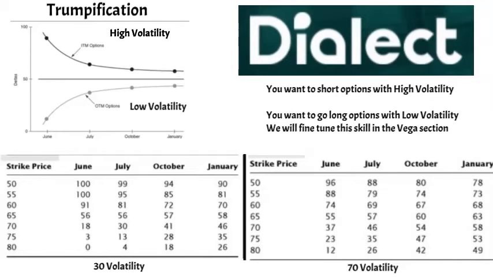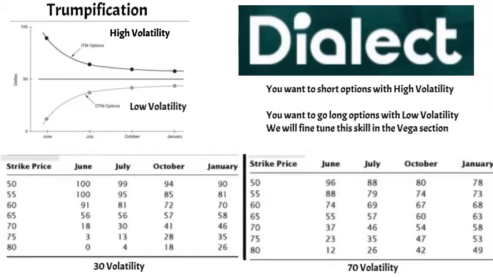So let's look at the picture. It shows the delta of all the calls listed by month and strike, with the stock trading at, let's say, 65 with 30% volatility. When we looked before, we saw the range of delta in each month listed. June had a high of 100 deltas to a low of 0 at a 30 volatility.